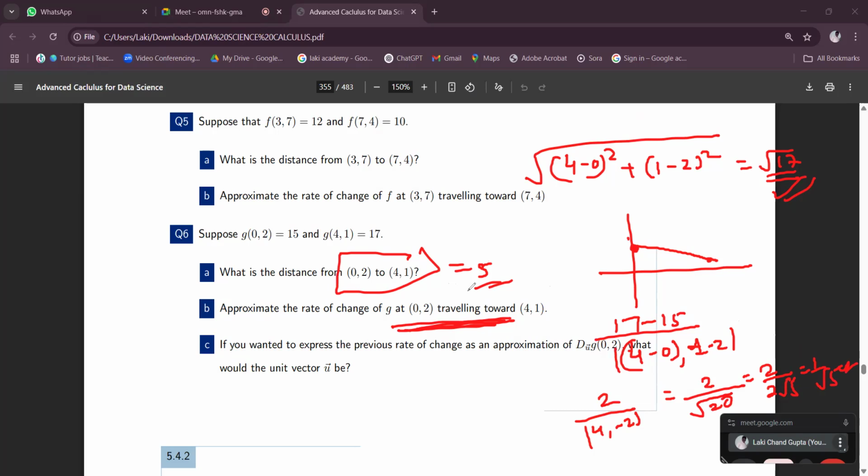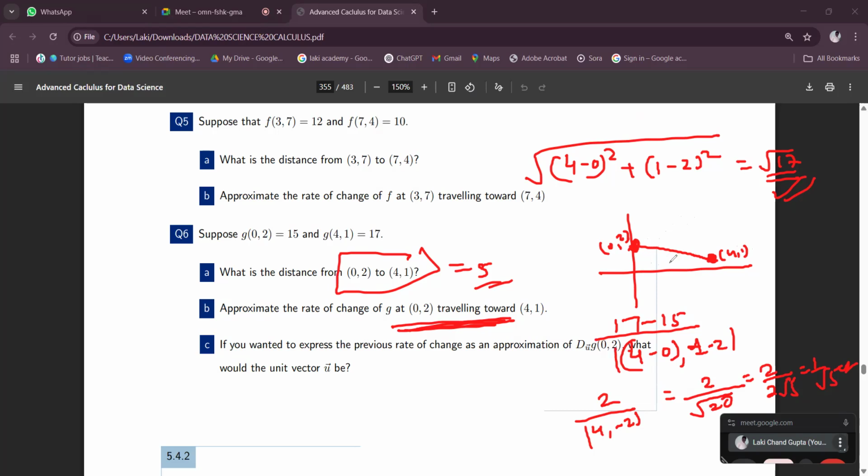Yeah, (0,2) lies here, and (4,1). So minus 15, or the distance between two points.